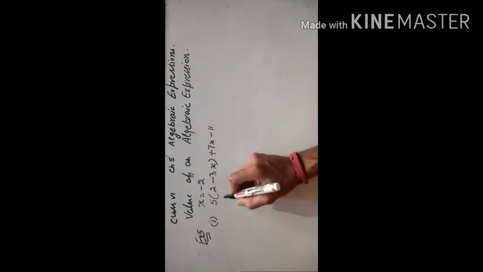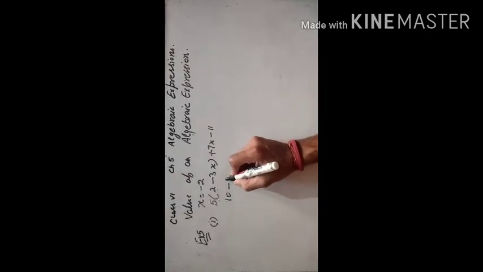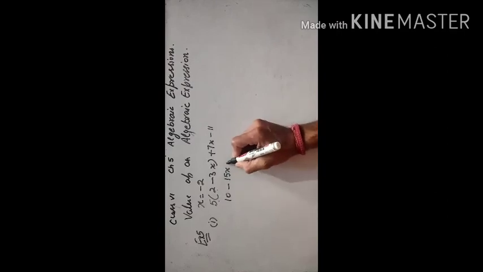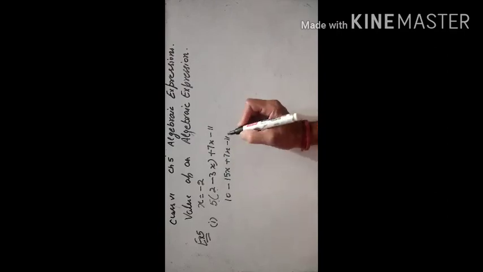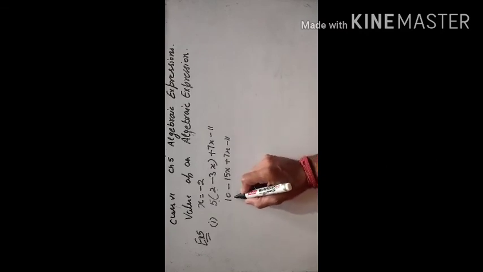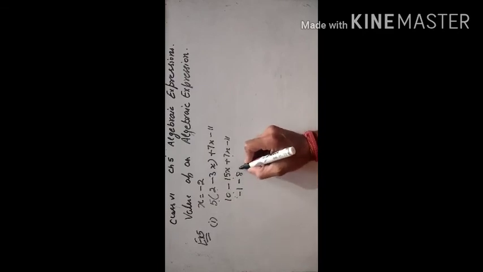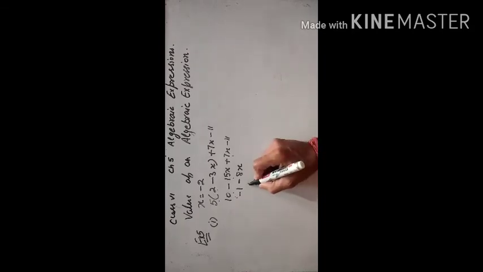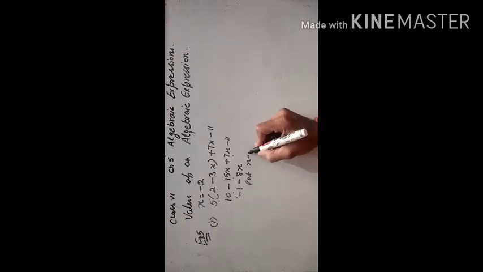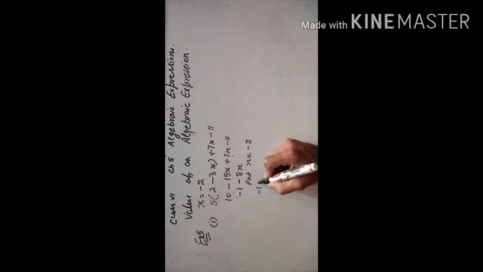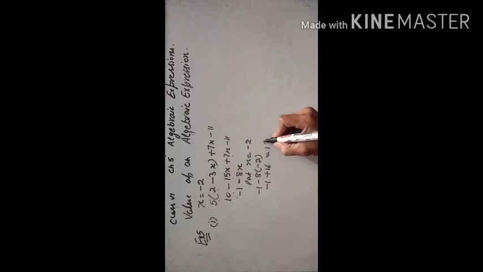First we have to simplify this. 5 2s are 10, minus 5 3s are 15x plus 7x minus 11. Then 10 minus 11 is minus 1, 15 minus 7 is minus 8x. Now put x is equal to minus 2: minus 1 minus 8 into minus 2, that is minus 1 plus 16, answer is 15.